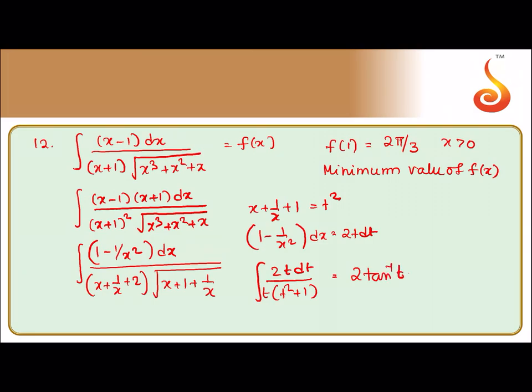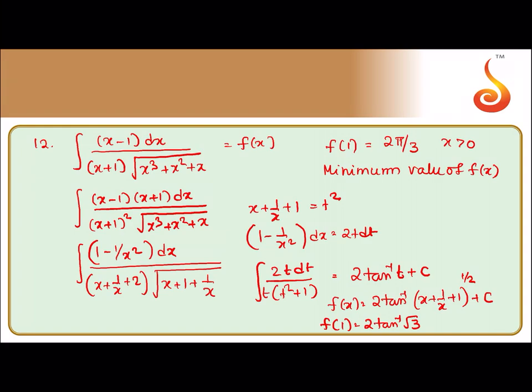This is nothing but x plus 1 by x plus 1 is t square plus 1. This is t. t and t will cancel. You get 2 tan inverse t plus c. Now, what is f of x given? f of x is equal to 2 tan inverse of x plus 1 by x plus 1 plus c. Substitute f of 1, you get 2 tan inverse.